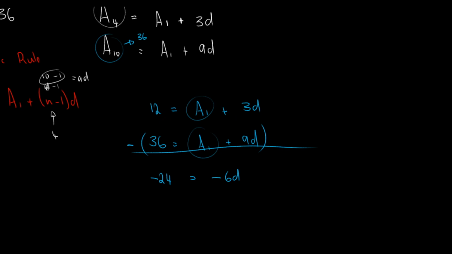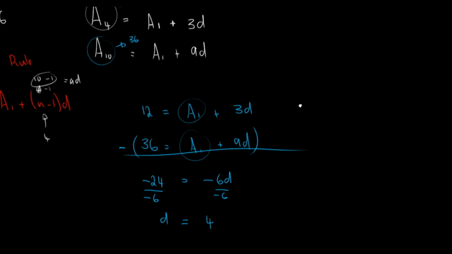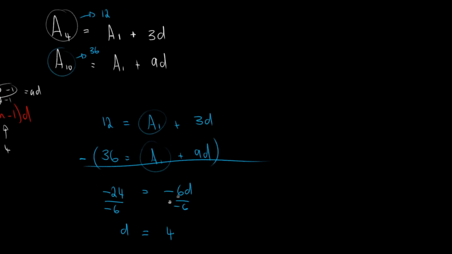I can divide both sides by negative 6, and that gives me d is equal to 4. That's just one way of finding it. There's multiple ways. But for now I'm going to focus a little bit on the system of equations to integrate some algebra into solving this by hand.